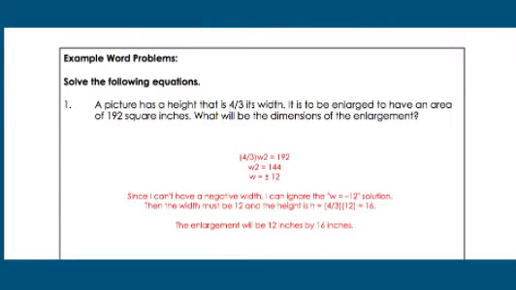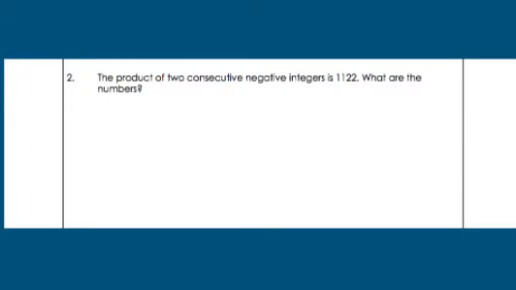We will move to the next one, and we have the product of two consecutive negative integers is 1,122. What are the numbers? Remember that consecutive integers are 1 unit apart, so my numbers are n and n plus 1.